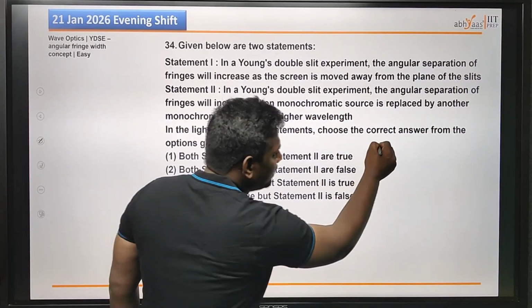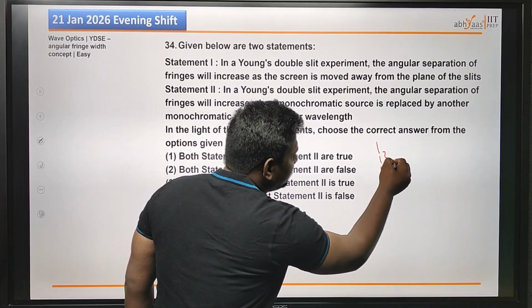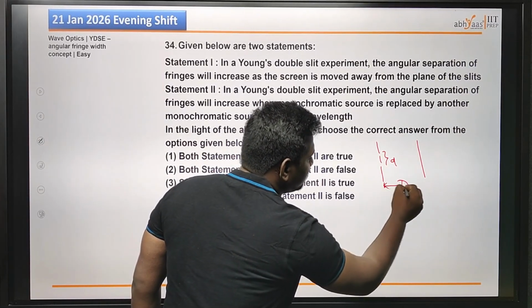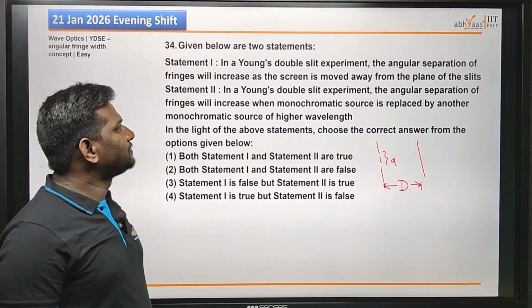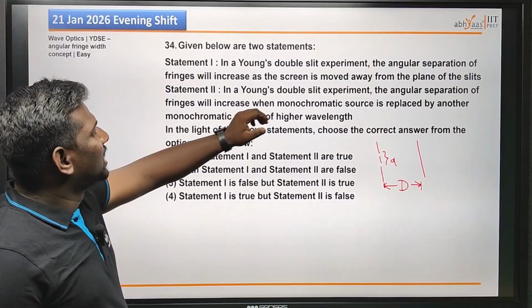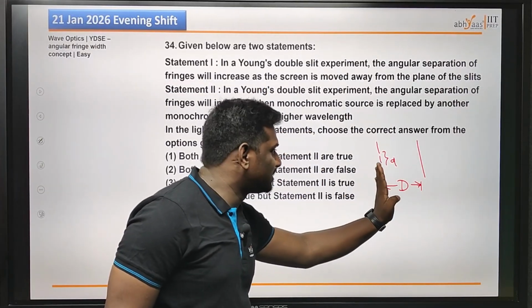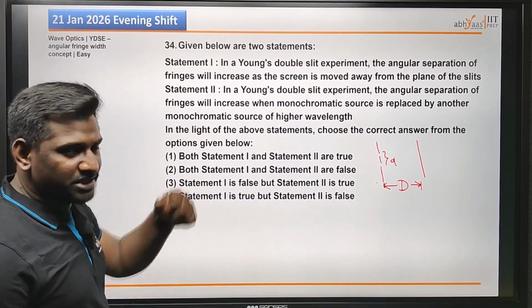So we know the double slit experiment: this is the slit distance, this is the screen, and this is the distance between them. What he is saying is, if the screen is moving away from the slits, it will increase the angular separation.